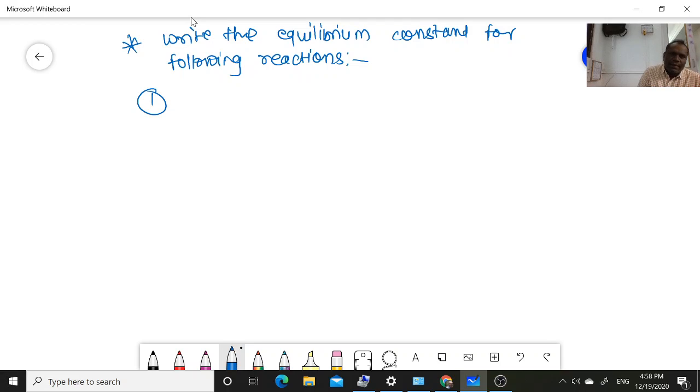Number one: KClO3 as a solid reacts. Again, we are learning the equilibrium reaction. It gives KCl as a solid plus 3 by 2 O2 as a gas.